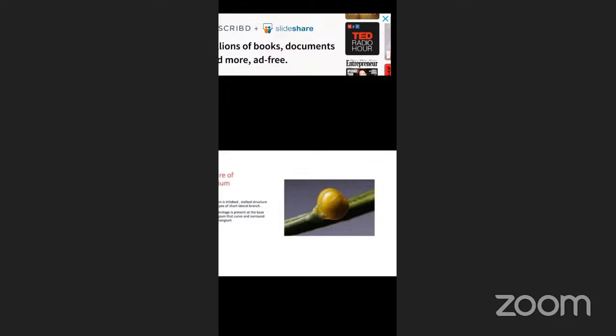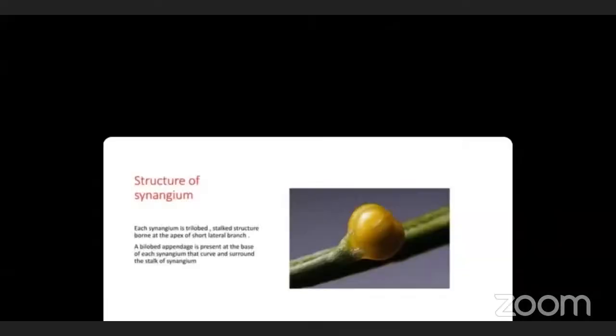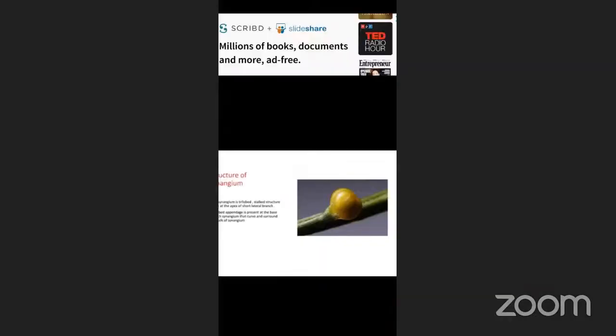The plant body of Psilotum is a sporophyte, in which fertile and sterile regions are not demarcated. The axils of the shoot system bear small appendages, globular structures called synangia, which have vascular bundles for the food supply.